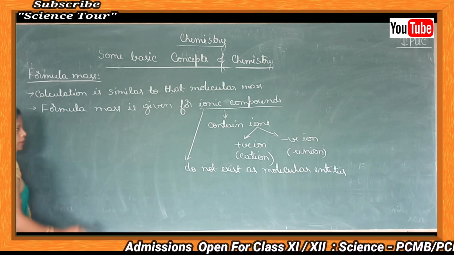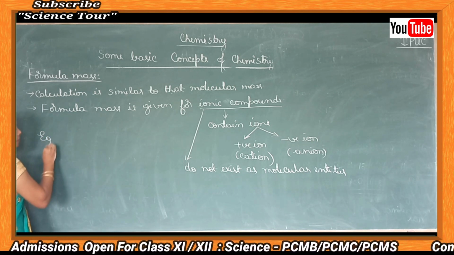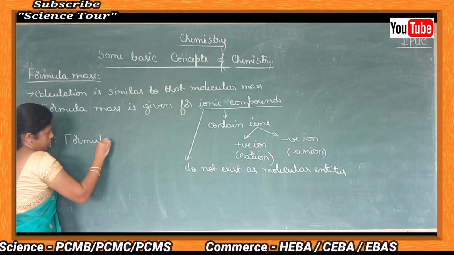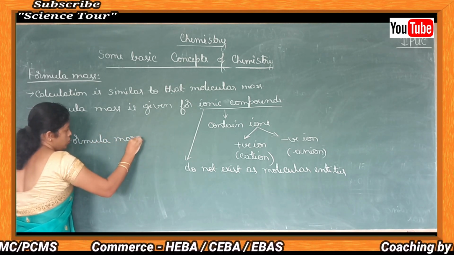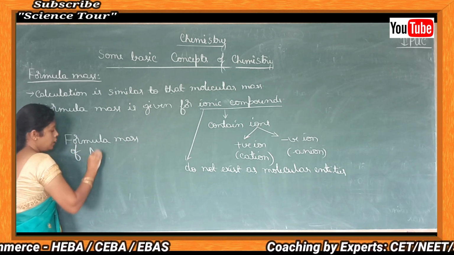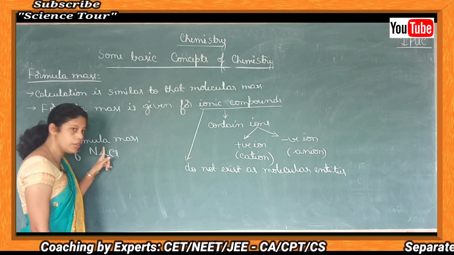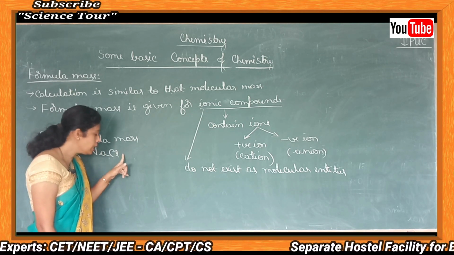Let's have an example. Formula mass of sodium chloride. In sodium chloride, we have two ions: positive ion Na+, negative ion Cl-.